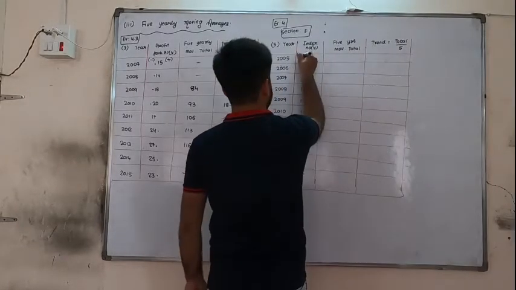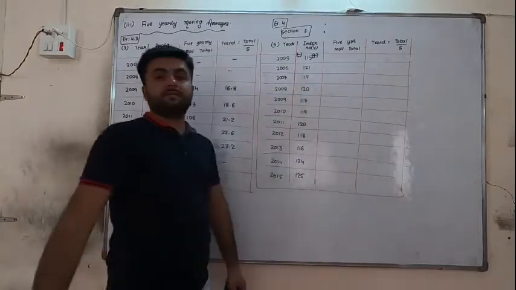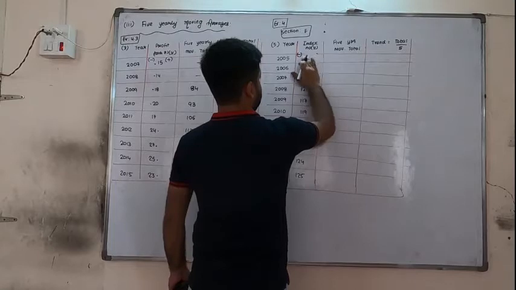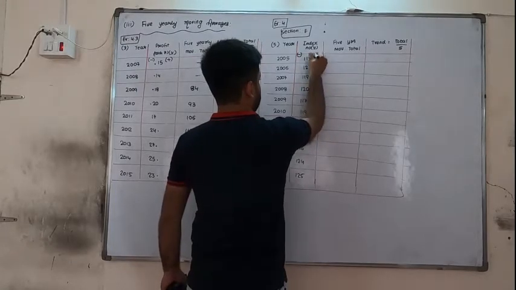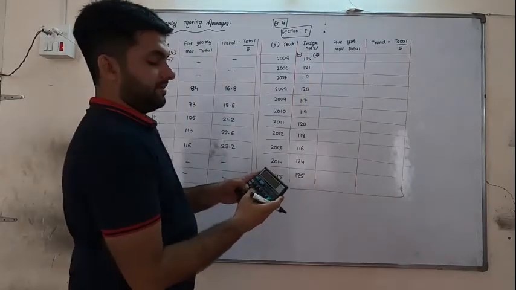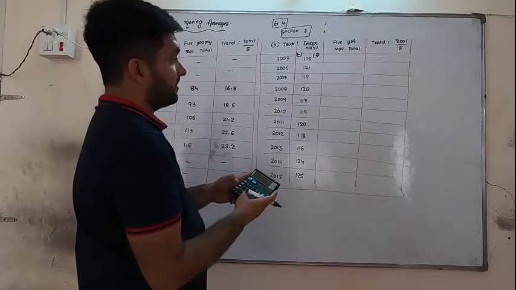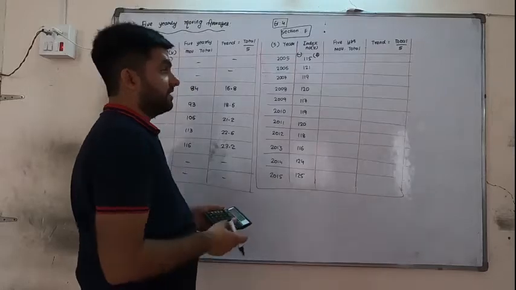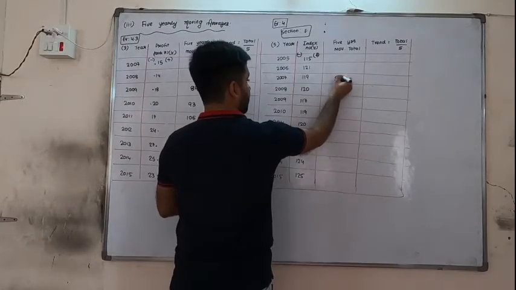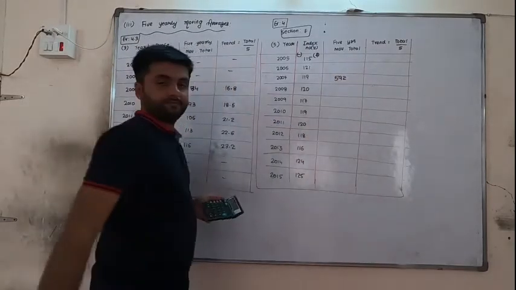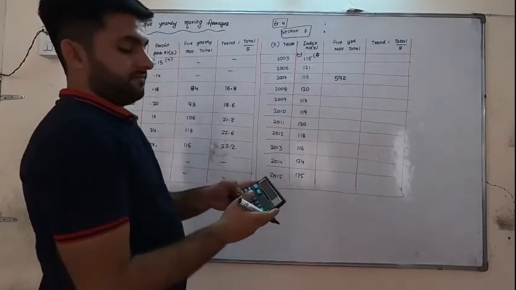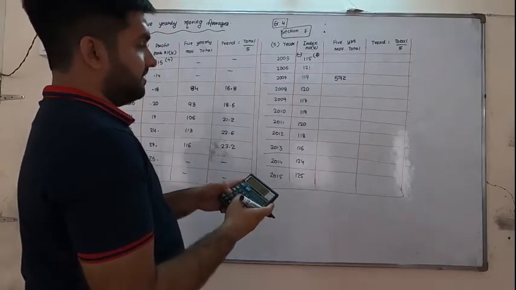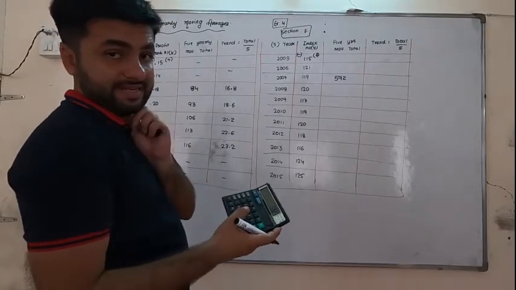Starting the sum, minus plus. Okay, so take 5 totals. 115, 121, 119, 120, 117, so 592.